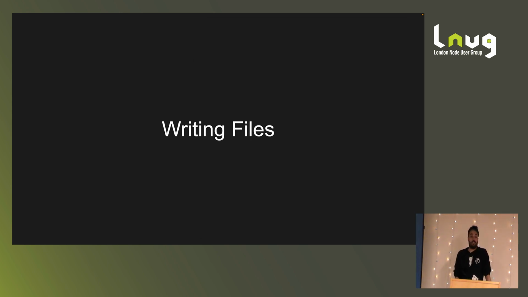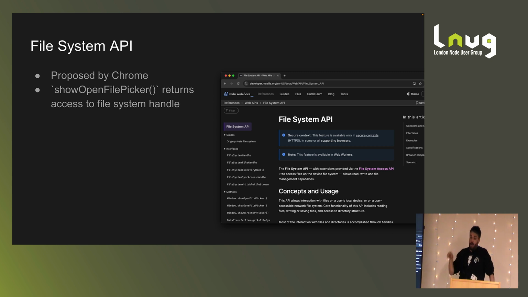Cool. The next thing I was going to talk about is, we talked about taking files from your file system into a browser, and now I'm going to talk about doing it the other way around, so writing files. There's a file system API, which Chrome proposed quite a few years back now. It gives you a function called show open file picker, which gives you a reference to a file object, but critically that handle is also writable.